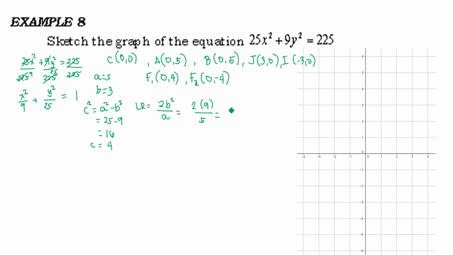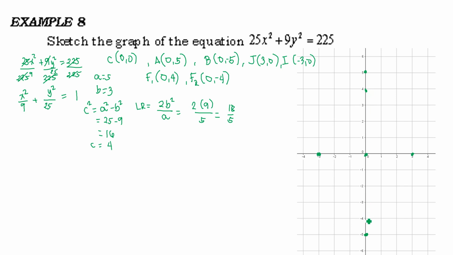Okay, so let's plot. Center 0, 5. It must be negative 5. 0, negative 5. 3, 0. Negative 3. The focus would be 0, 4, and 0, negative 4.